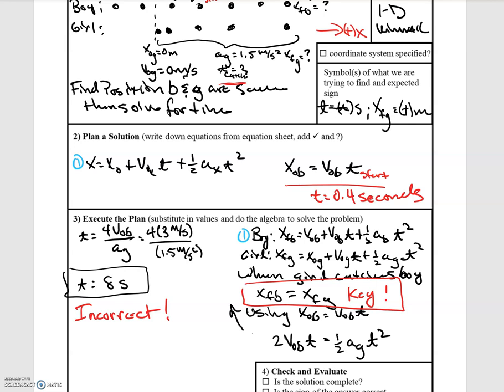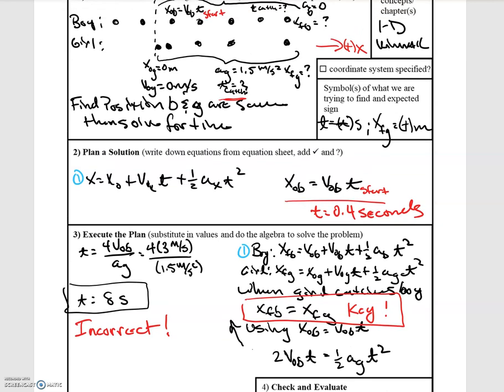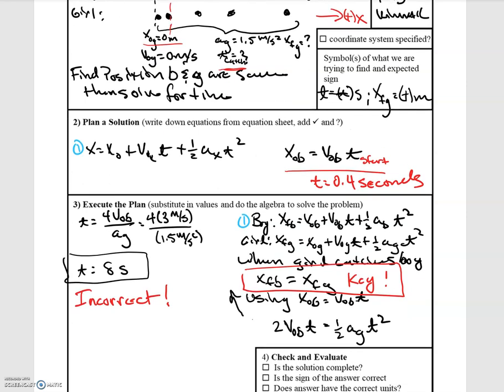So we know that the girl starts from a position of 0 because that's what we're calling the 0 position. That means the boy is going to have some sort of initial position. So we need to figure out what this x naught b is. He has no acceleration, so that's 0, and we're left with v naught b t, which is what we had down here.